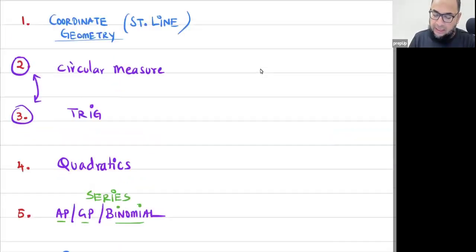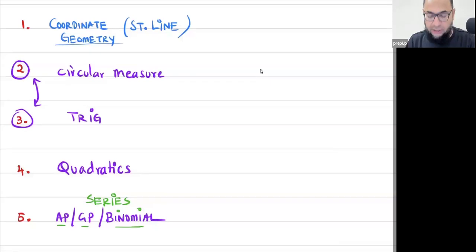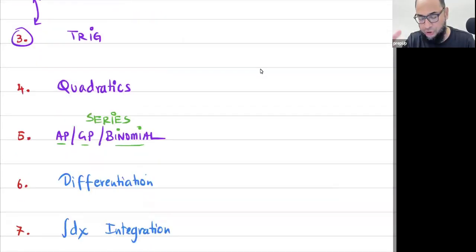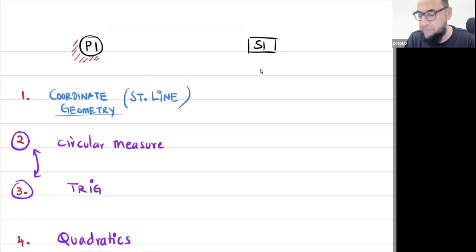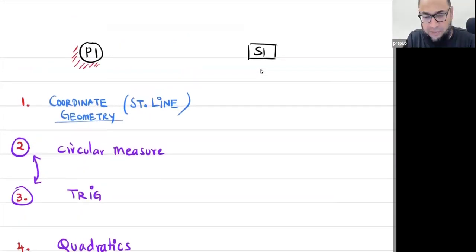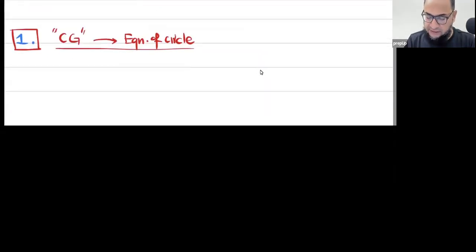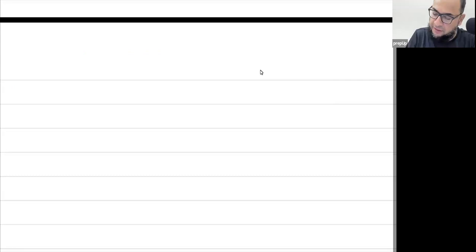So that is the order in which we will study coordinate geometry, circular measure, trig, quadratics, and then all the rest. And somewhere in between, we will do S1 and then again P1 and so on. So let me just decrease this brightness a bit, and that looks good. So now we are starting with P1.